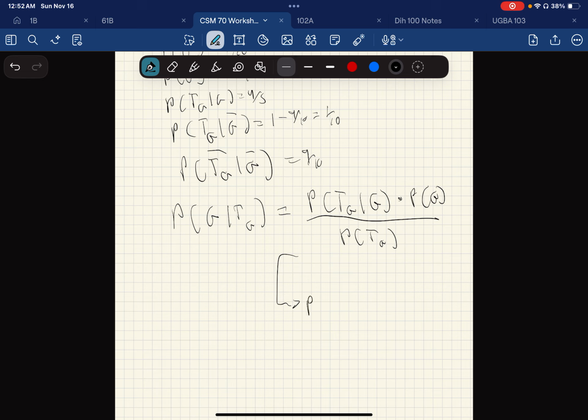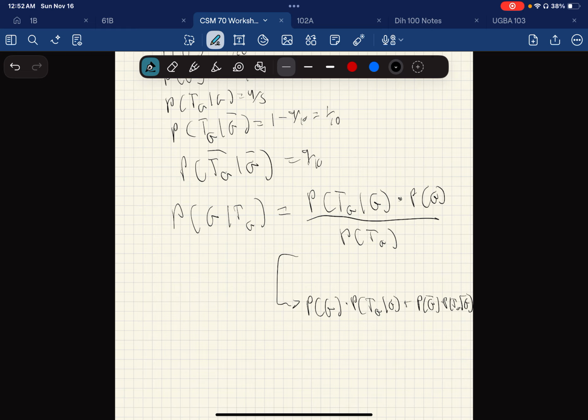That can be written out as the probability of being guilty times the probability of the test reading guilty given that someone's guilty, plus the probability that someone's not guilty times the probability of the test reading guilty given that someone's not guilty.